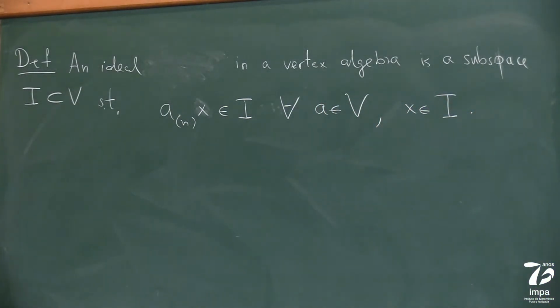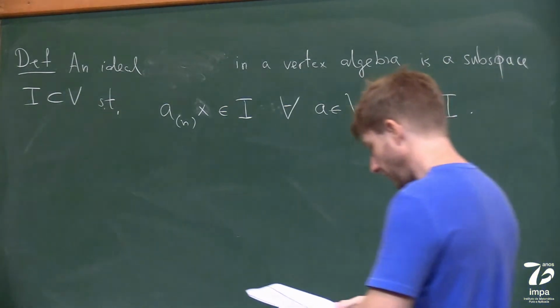Okay, so now we can define an ideal in a vertex algebra in much the obvious way. It's some subspace such that if you take any nth product between anything and an element in the ideal, then you get another element in the ideal. Now a remark.